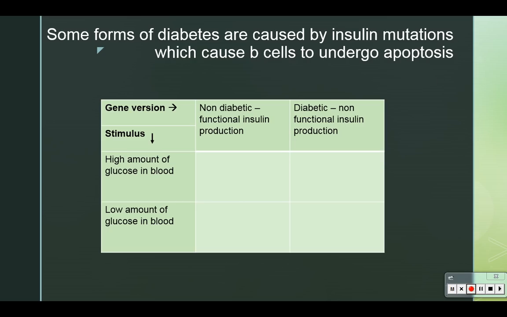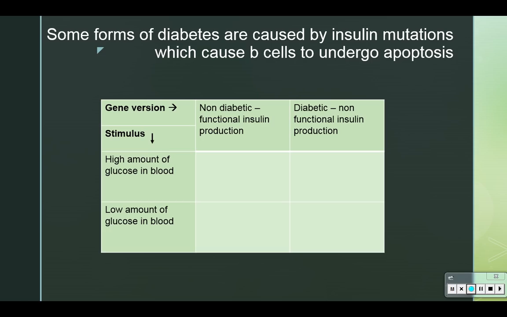So there are some forms of type 2 diabetes which are caused by insulin mutations. And what those do, and we don't need to get too into it, but they cause the B cells, which are the cells that produce insulin, to be affected. So when somebody has diabetes, it's often that something is happening to their B cells, so they can't produce insulin.